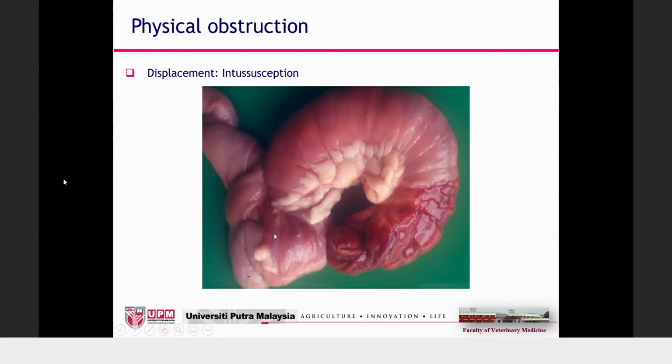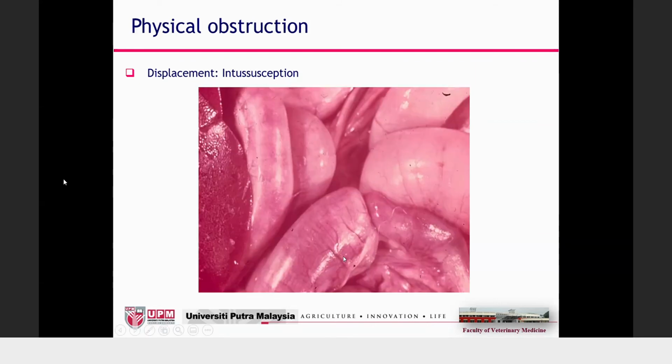This is also intussusception. See that there is a small part of the intestine inserted inside the other part of the intestine. So this will again lead to necrosis of the affected area. Similar to this one, you can see very severe congestion, and at the end it might lead to necrosis.